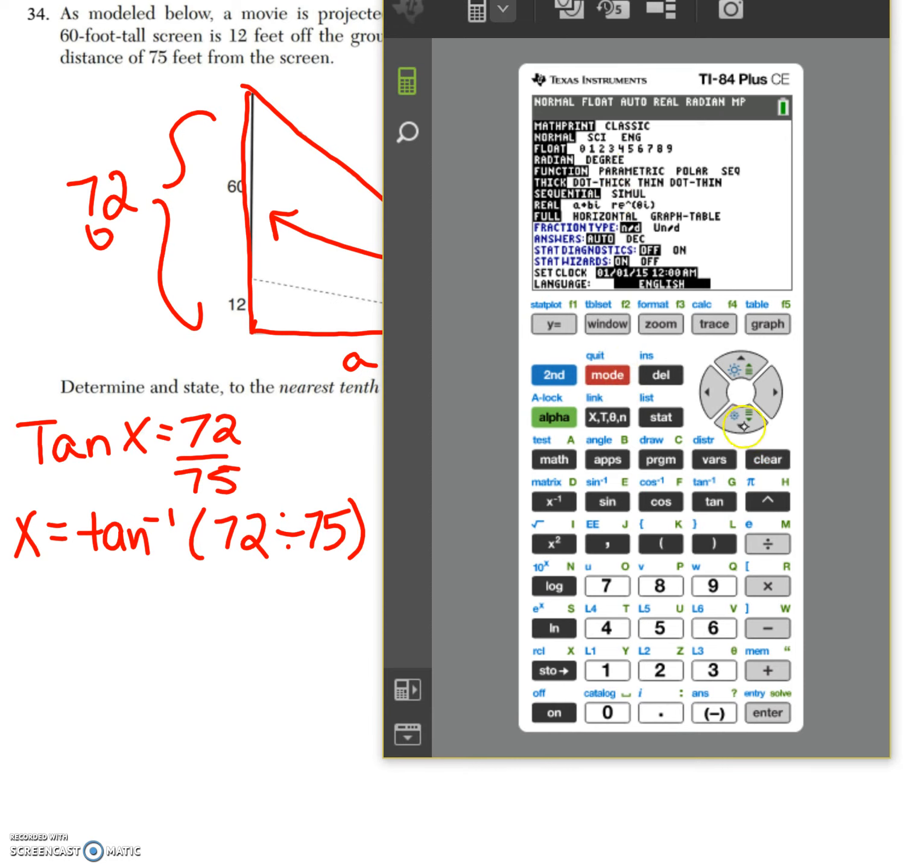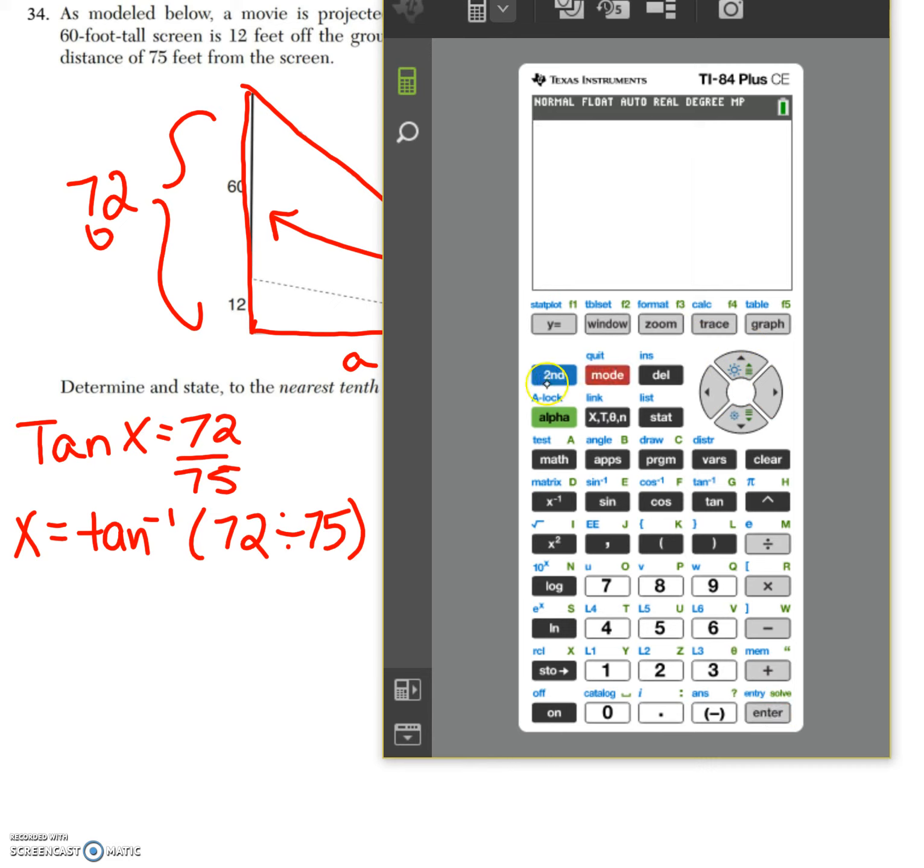So make sure we are in degree mode. I'm going to hit mode, go down, and do you see how it's blinking on radian? I'm going to go over to degree and hit enter. And then I'm going to go back and do second tan, because I need the inverse, and I'm doing 72 divided by 75. And I have 43.83086067.